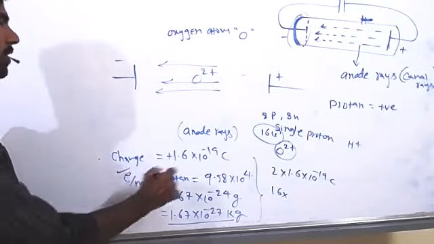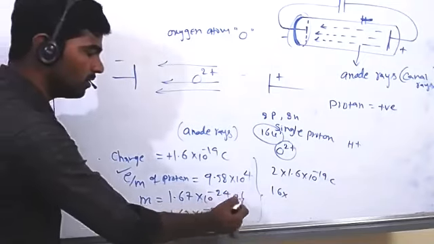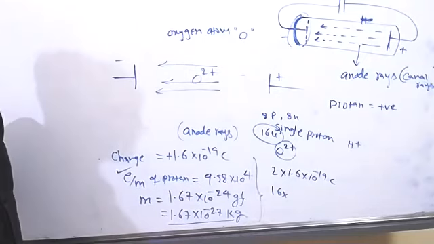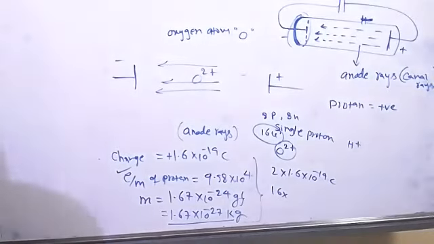But anyhow, you need to mind it: the e by m ratio for protons is not constant. Only for hydrogen it gives this value. For other gases, it is different. But the electron maintains an always constant e by m ratio value. And if you see the properties, anode rays also travel in a straight line. If you place any object in the path of anode rays, it also forms a shadow.